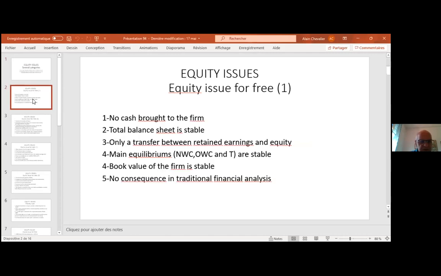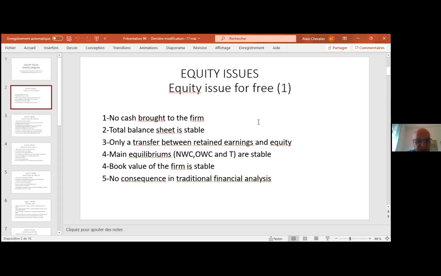So let's have a look first at the simplest issue, which is an issue for free. It seems to contradict what you generally think about equity issues. You think that a firm issues equity to obtain cash.